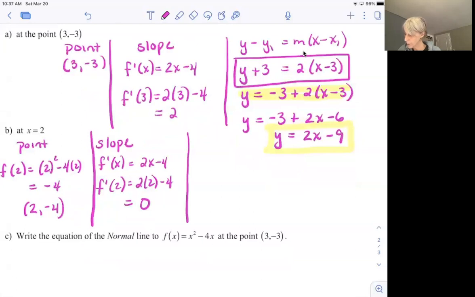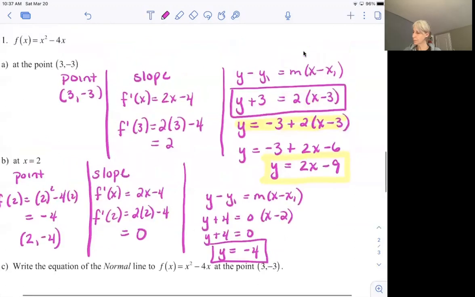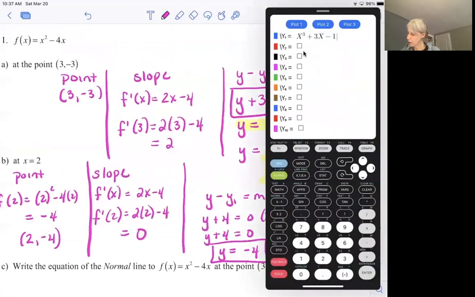y minus y1 equals m times x minus x1, y plus 4 equals 0 times x minus 2. Oh, but here you might want to clean up, because what is 0 times anything? It's 0. And this is just the line y equals -4. Let's look at our picture.